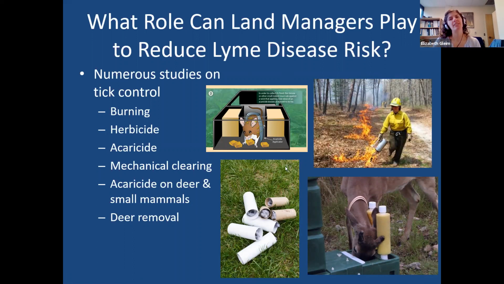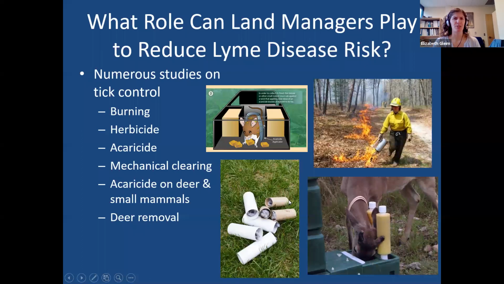The idea with the bait boxes is that you have some bait in a box, aptly named, and importantly, as the mouse comes in, it has to go under this tunnel, if you will, that is coated in an acaricide. Basically, the mouse is wiped down with an acaricide that will kill any ticks on it, and voila, you have freed that particular rodent of ticks. Tick tubes have a similar premise.